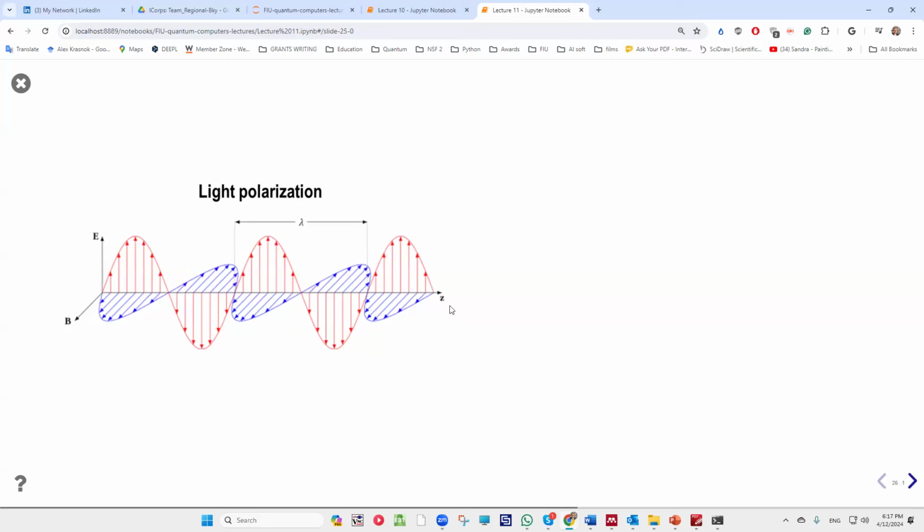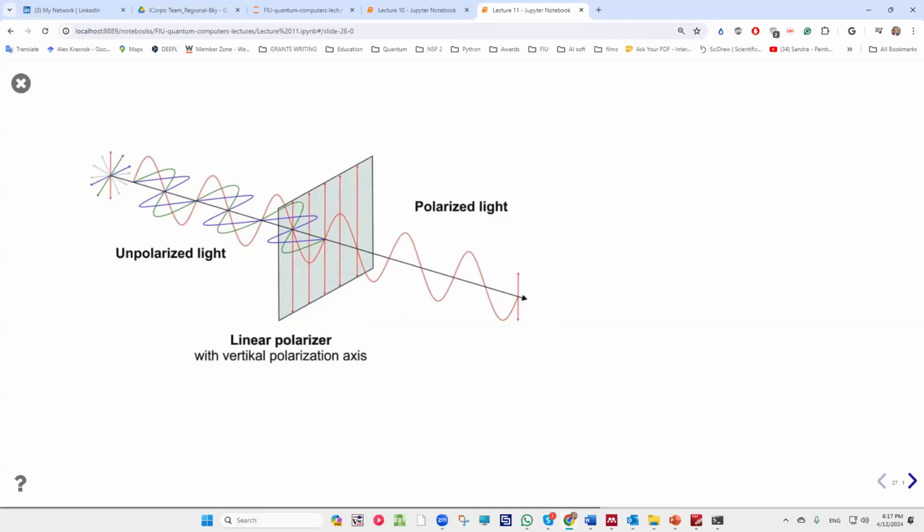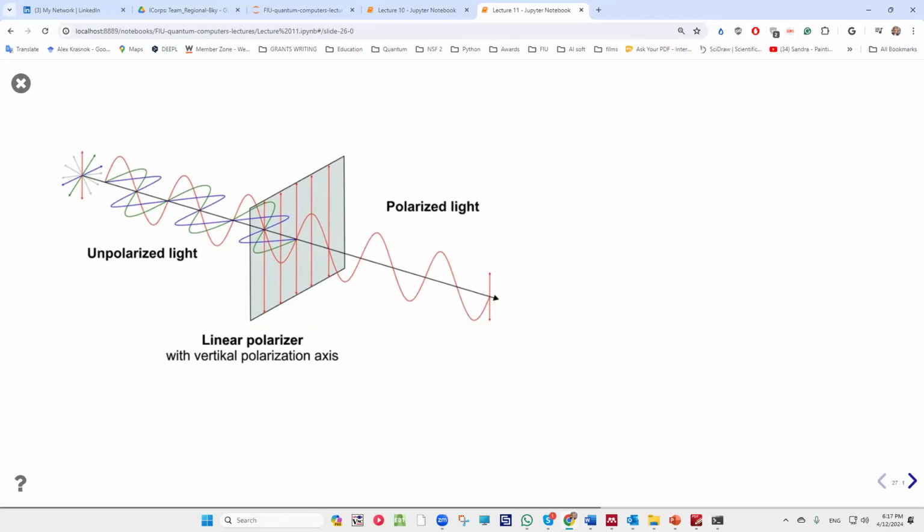The fact that light is polarized can be exploited easily using a device called a polarizer. A polarizer is a system that allows light to propagate with a particular polarization direction.